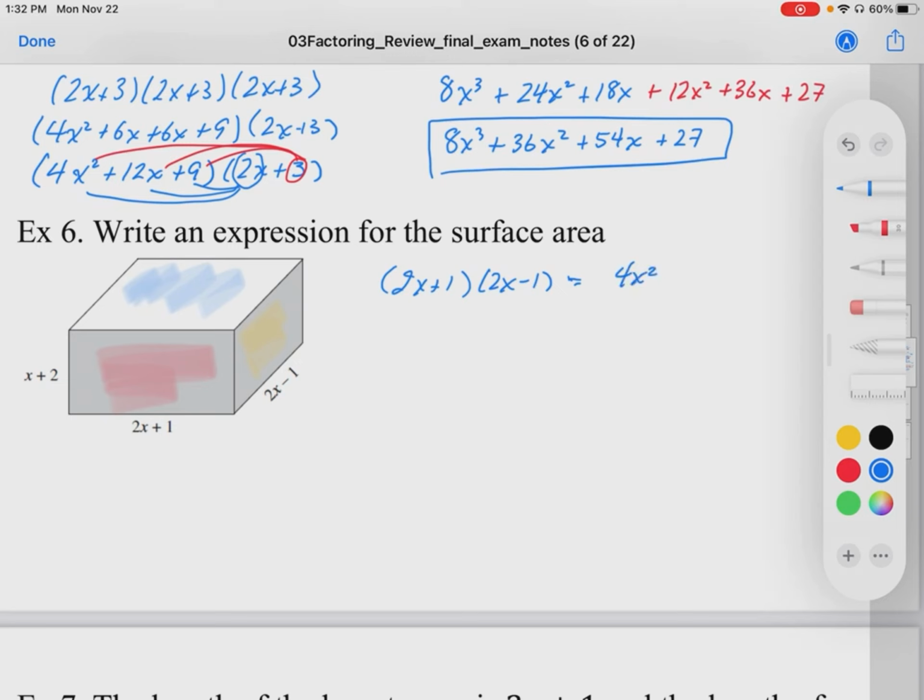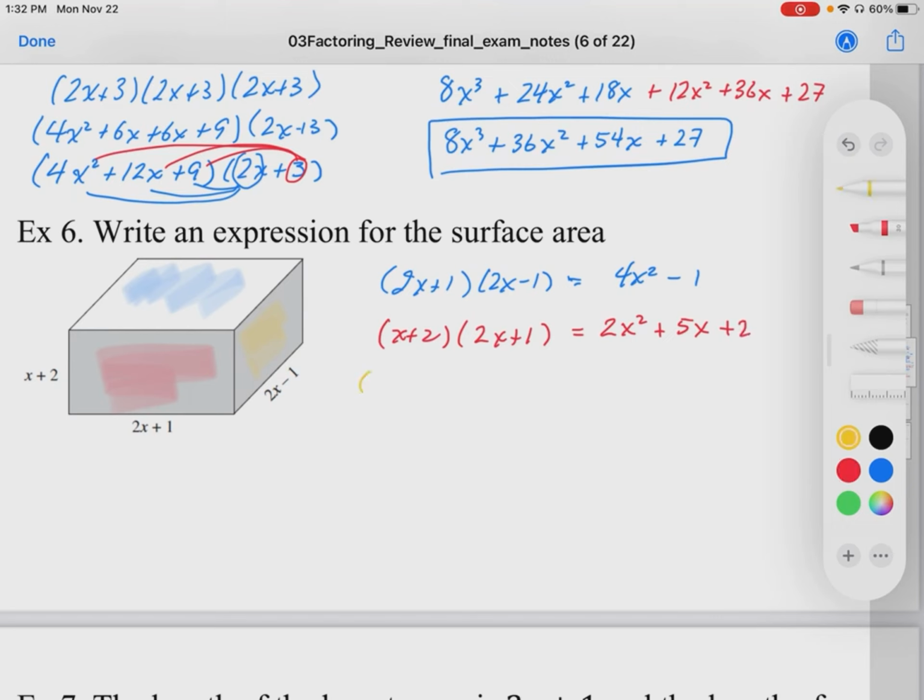So I get 4x squared plus 2x minus 2x minus 1. I'll multiply out the front side, (x + 2) times (2x + 1). That becomes 2x squared plus x plus 4x, so that's going to be plus 5x plus 2.